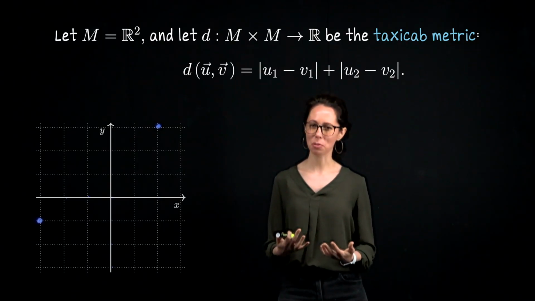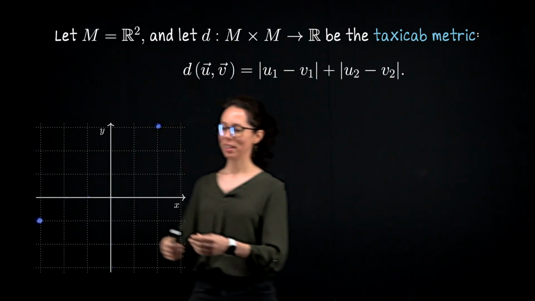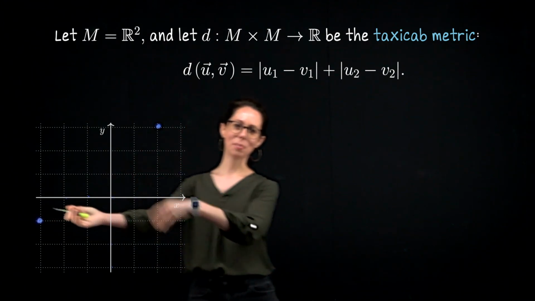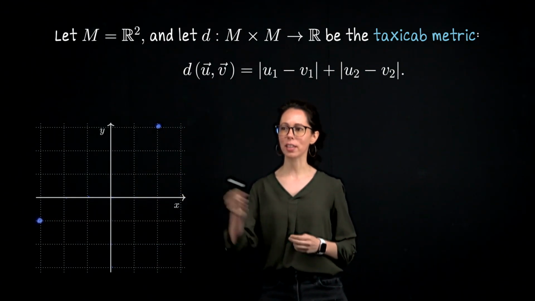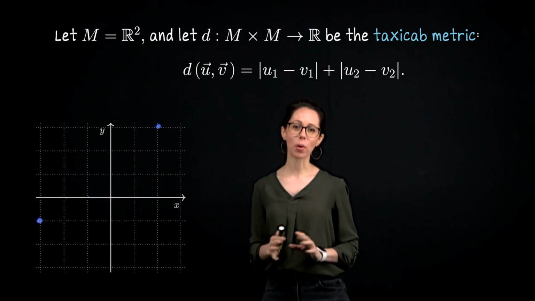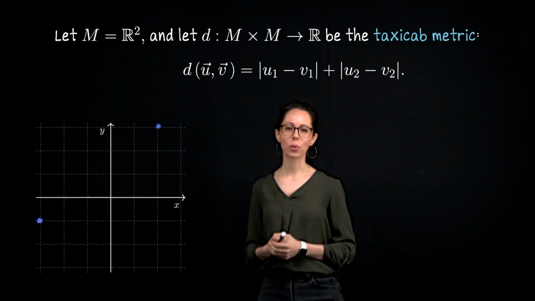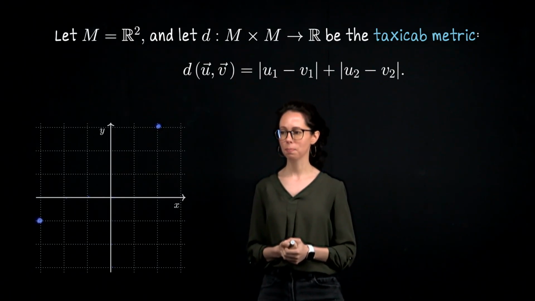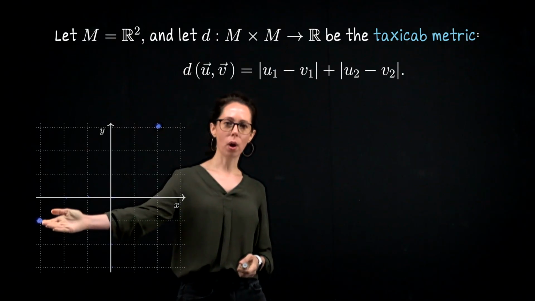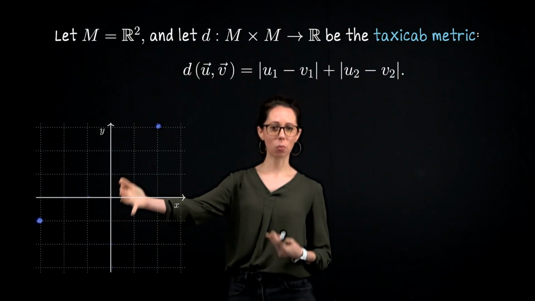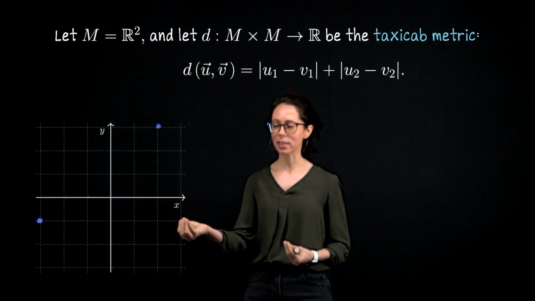Positivity seems very immediate, right? If I'm telling you how many blocks I'm going to drive to get from one location in the city to another, there's no way I'm going to say -4 blocks, and that's going to agree with the way this function is defined. Non-degeneracy: if I want to go from one intersection back to itself, what's the distance between one point in the city and itself?